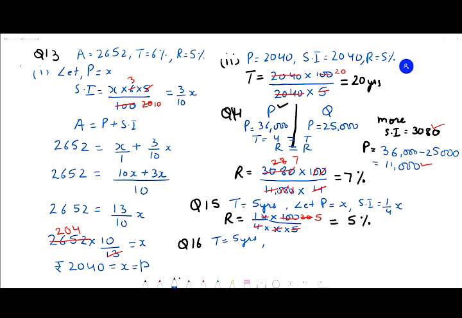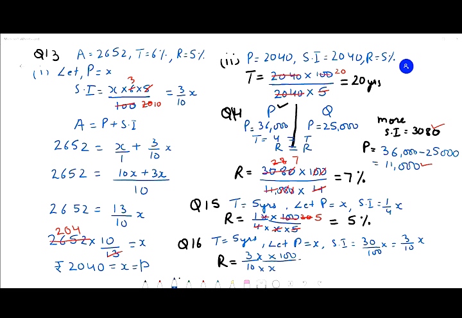They are saying if we take the P, assume it as X, so SI will be 30%, that is 30 over 100 X, which can be written as 3/10 X. Now again I have to find out the rate, and the rate will be 3 over 10x multiply with 100.